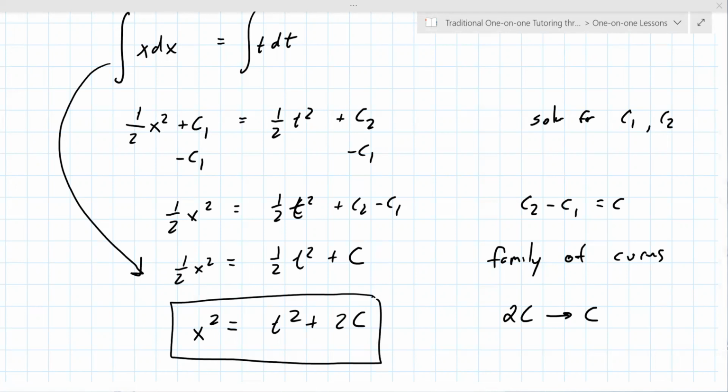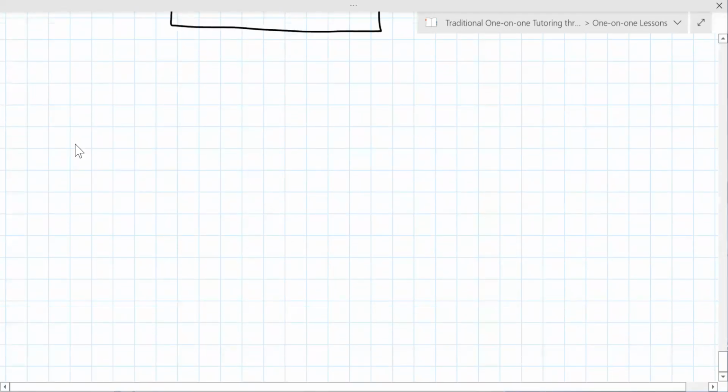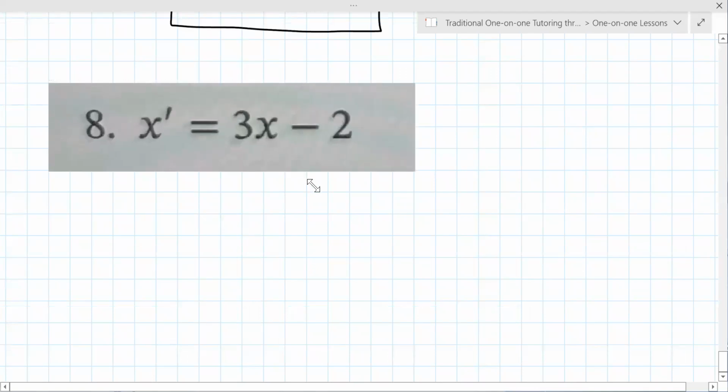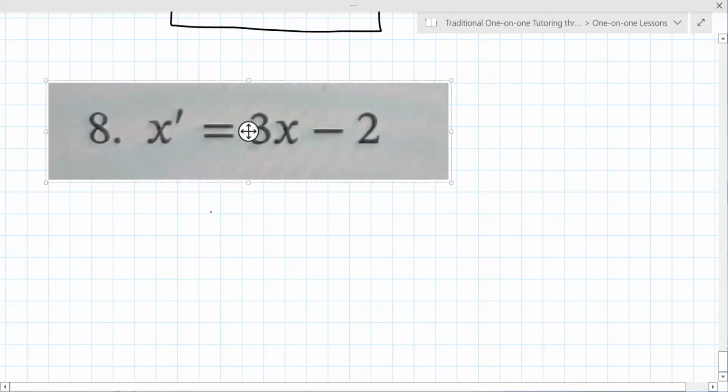All right, let's look at 8. On the right here, g of t is 1, and h of x is 3x minus 2.